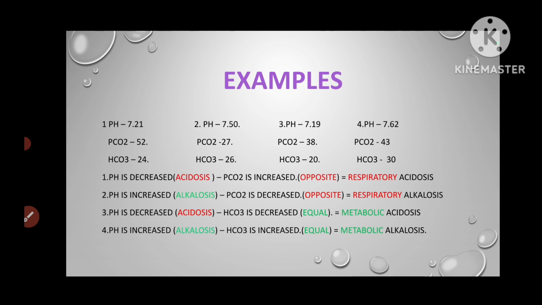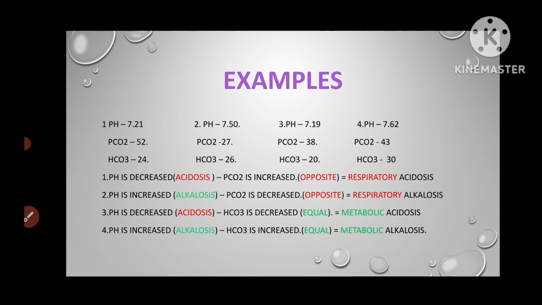As per our ROME method, respiratory opposite. So we can confirm that the given value is respiratory, and we already found out that it is acidosis. So respiratory acidosis. Still, there are 3 examples. You will be clearer after we finish these 3 examples.